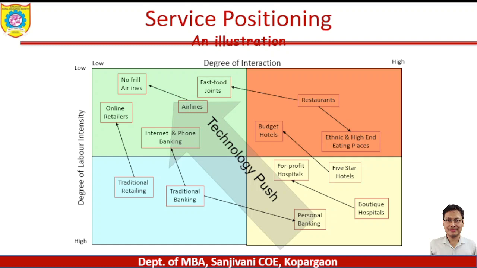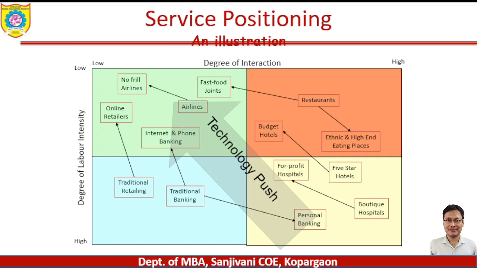If you want to keep the degree of labor intensity low as well as the degree of interaction low, it will lead to a service process design for services where you provide no additional services or no frills, like low cost airlines, online retailing, e-commerce sites, fast food restaurants, whereby there is low to mid degree of interaction and also low degree of labor intensity.